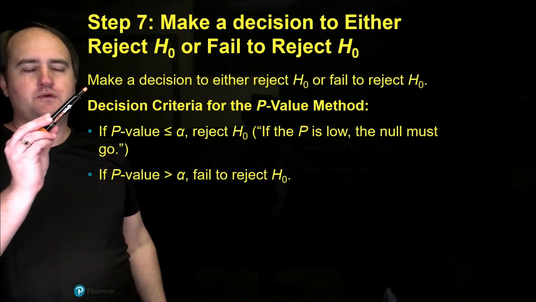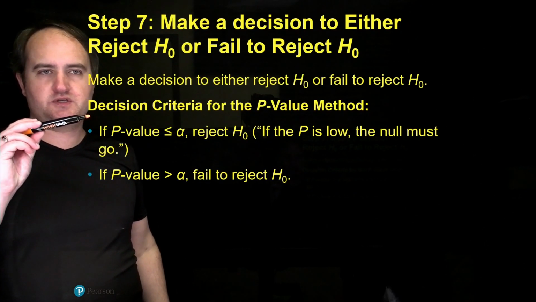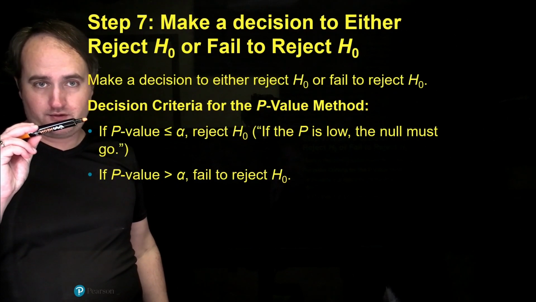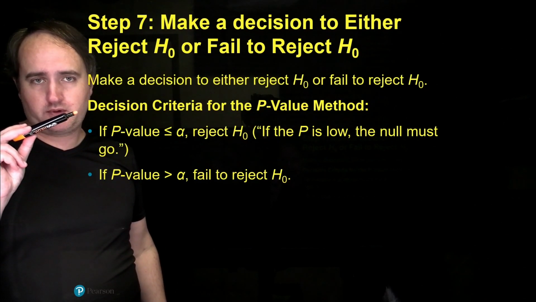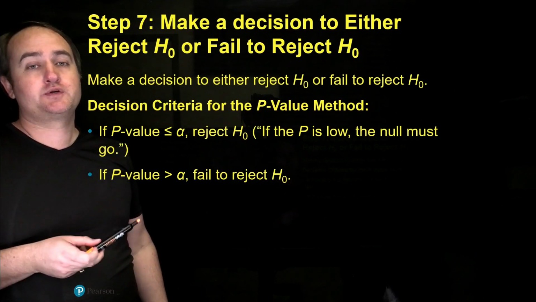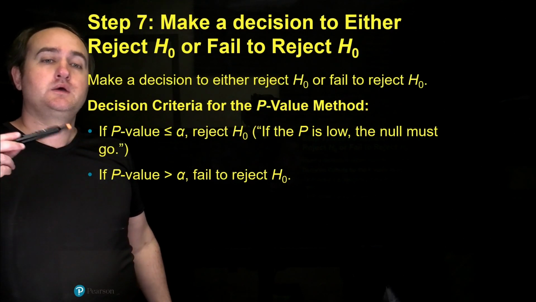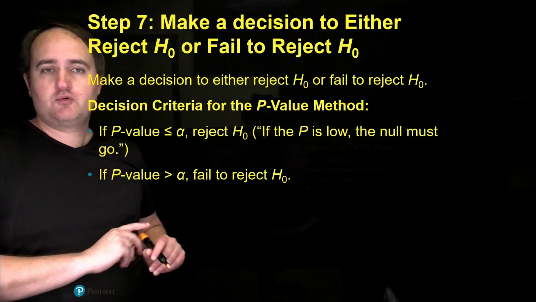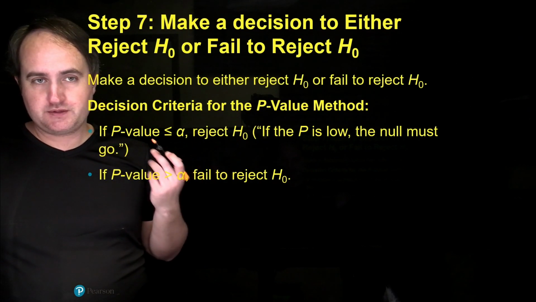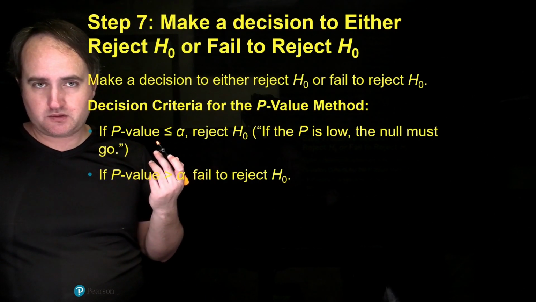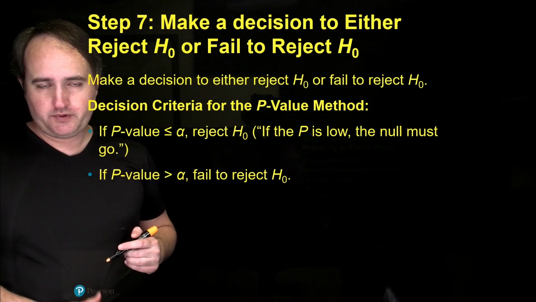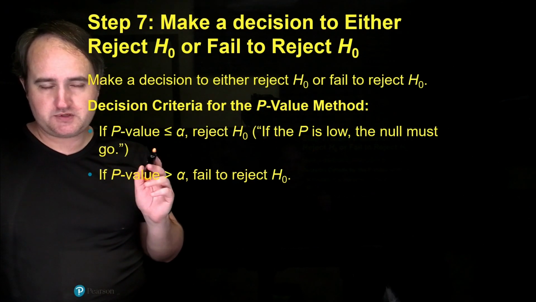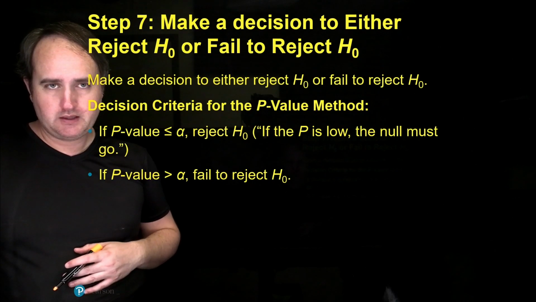Okay, or in our book, they call this the decision criteria for the p-value method. This is the approach that we're going to focus on because that's the approach they focus on in our book. So you compare your p-value to alpha. Remember, alpha is the level of significance, and the p-value is the area that we just looked up, which is going to be generally looked up in table A2.